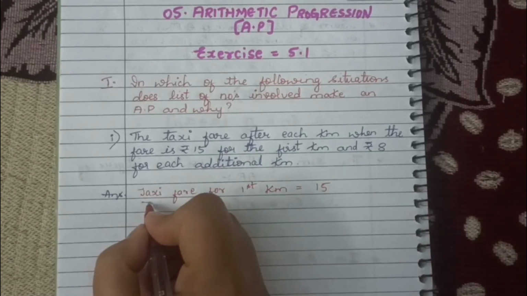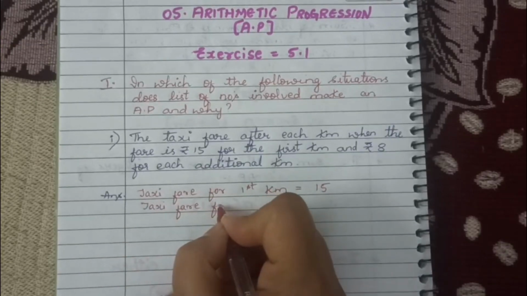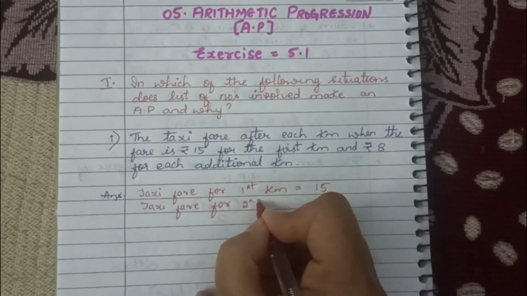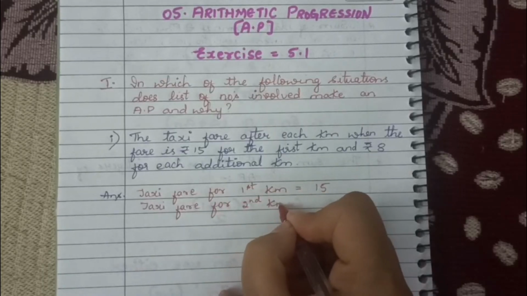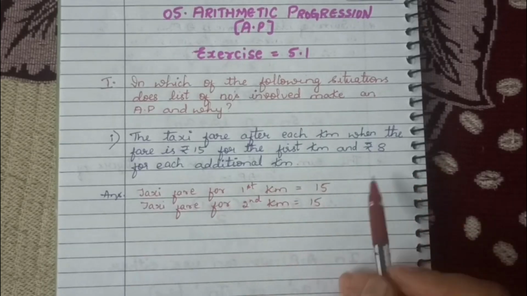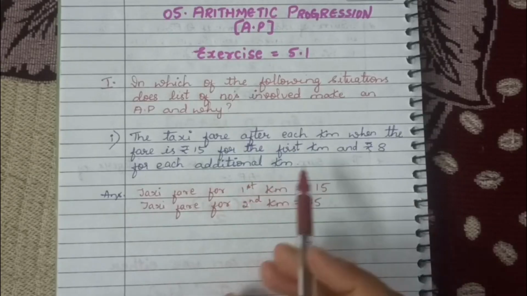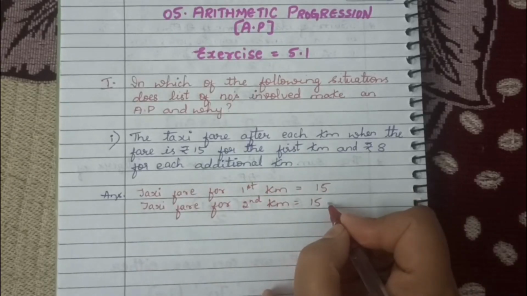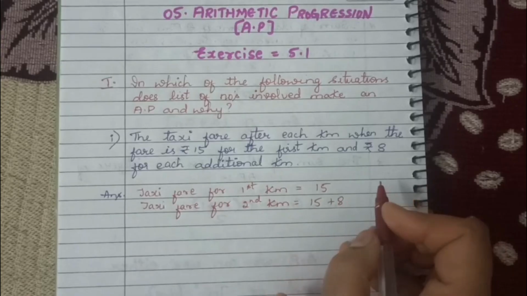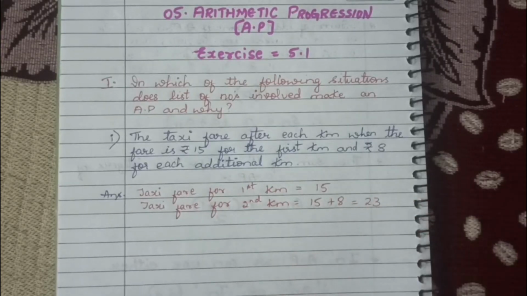Now, taxi fare for the second kilometer is 15, and in the question we have rupees 8 for each additional kilometer. So we are going to add 8. So it is 15 plus 8, which is 23.